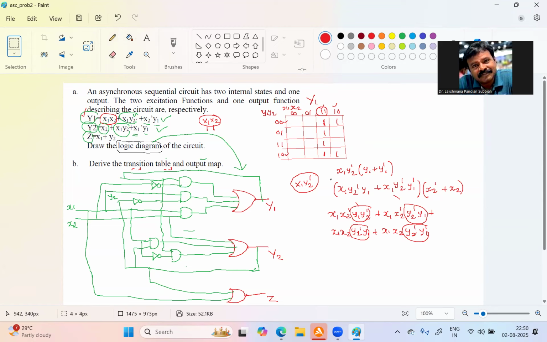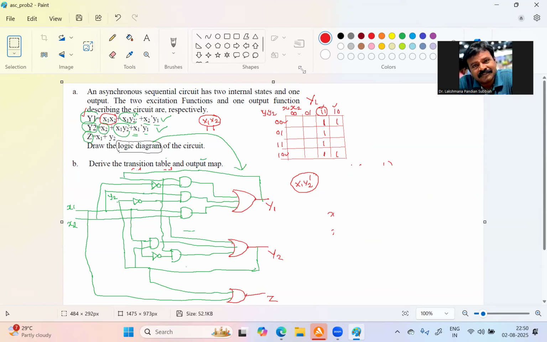If you are having two variables, then we need to have four entries. Four entries. If you are having common ones, then you leave it, right? Then next we are having another two variables. So that is here x2 dash y1, right? So x2 dash is here 0.